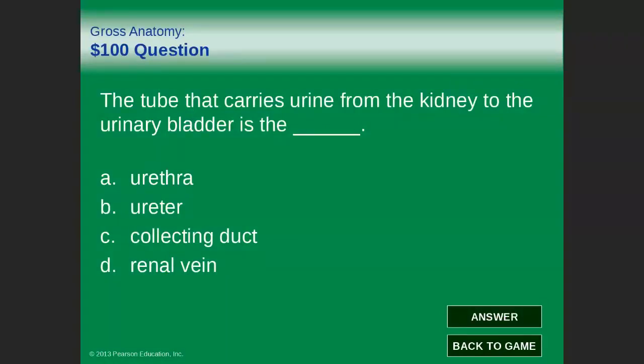The tube that carries urine from the kidney to the urinary bladder is the... Anybody want to take a guess on that one? What's the answer to this one?